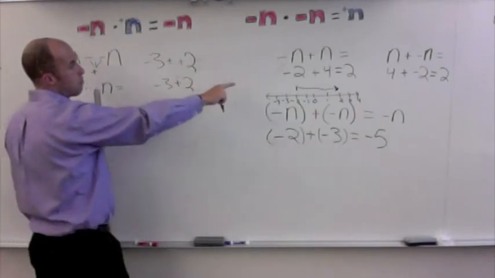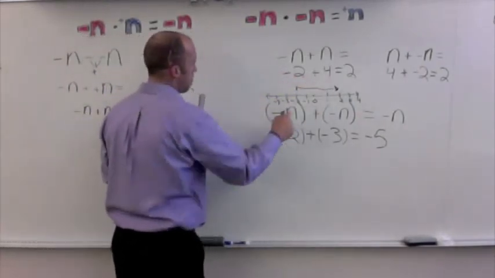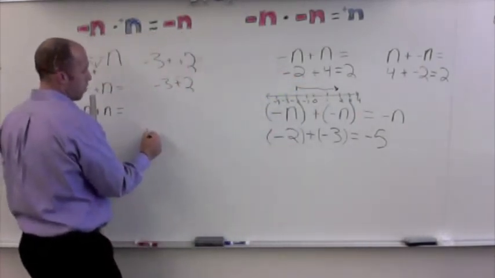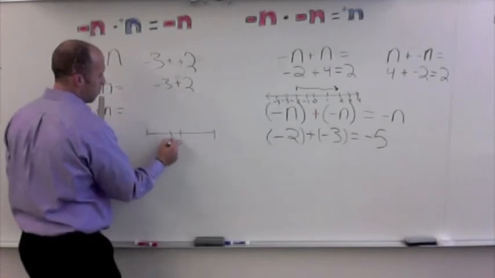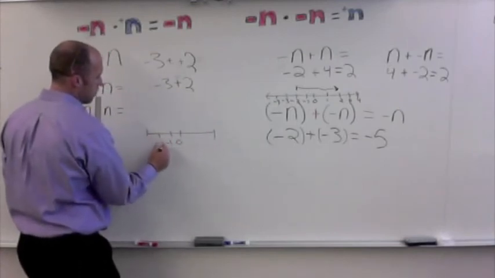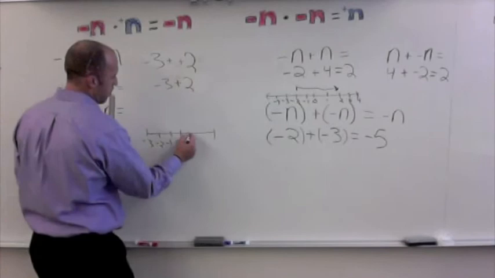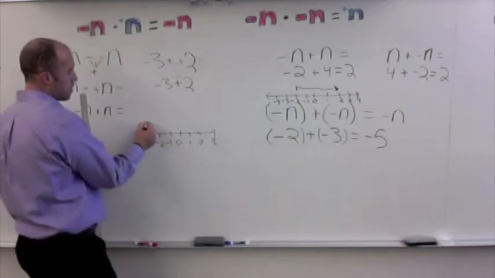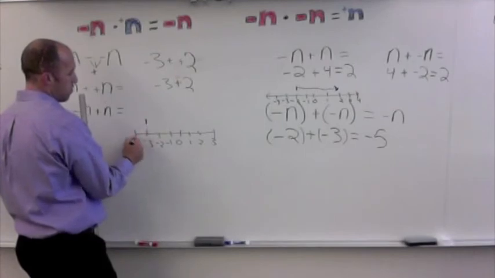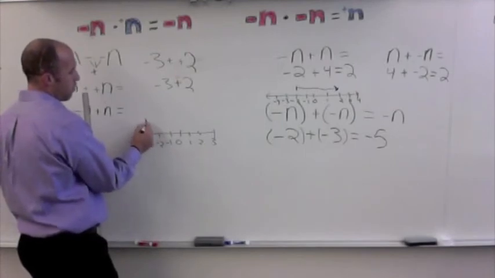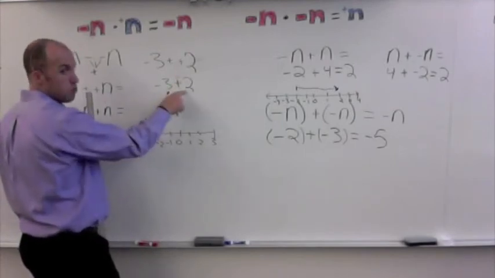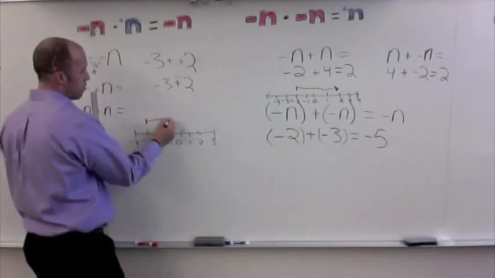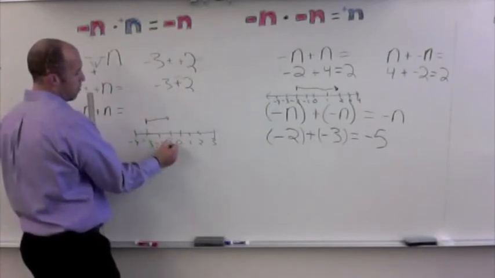And as we've looked at before, for a negative number plus another number, if we go on the number line, we go from 0, 1, negative 2, negative 3. We start at negative 3, and we go two spaces to the right, and then we end up at negative 1.